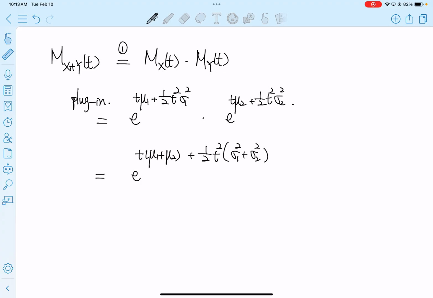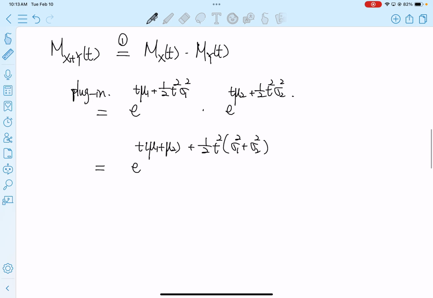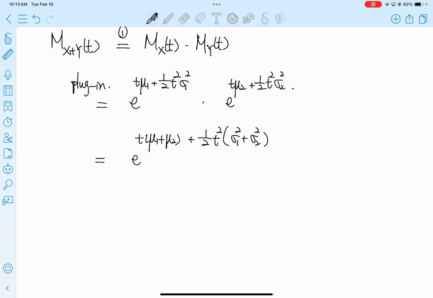Now we can see that the resulting formula has the same structure as the moment generating function of a normal distribution. So although each variable individually follows a normal, the sum also follows a normal distribution. We use the uniqueness theorem to identify the distribution. Now we just read from the formula the new mean and the new variance.